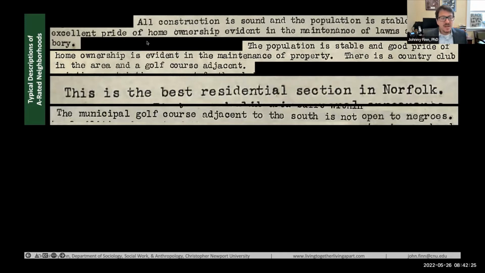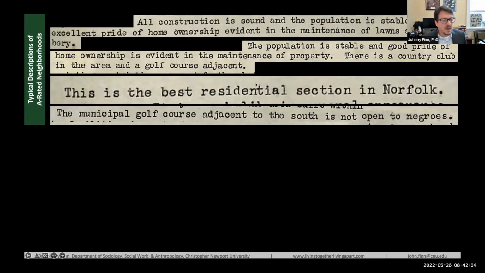And that is basically that for the highest rated neighborhoods, there was a lot of talk about sound construction, about pride of home ownership, about stable population, and about amenities, whether those are environmental amenities like green spaces and parks, or city services, paved roads, lighting, a country club, good schools, the presence of churches, and so on.